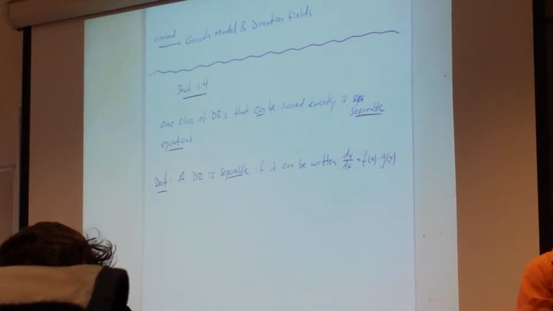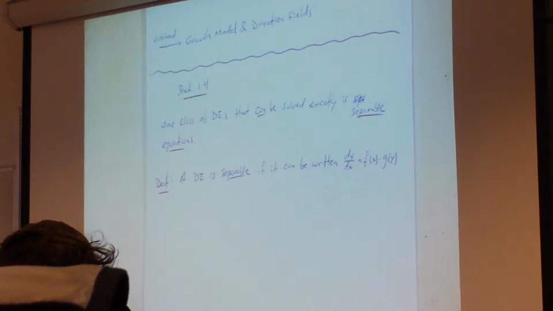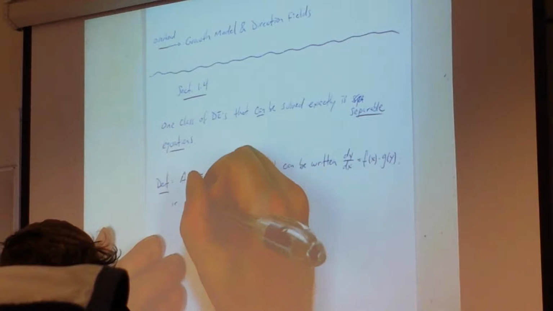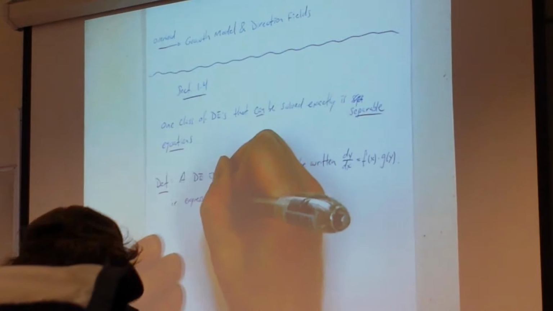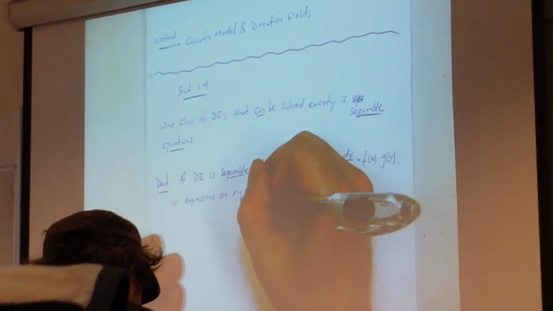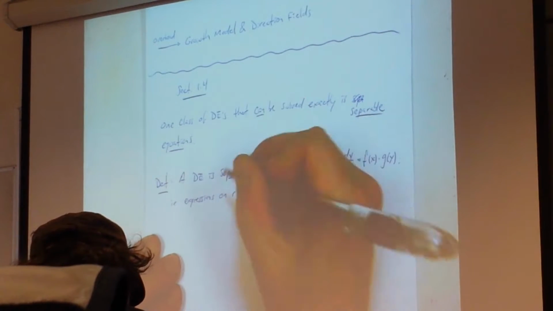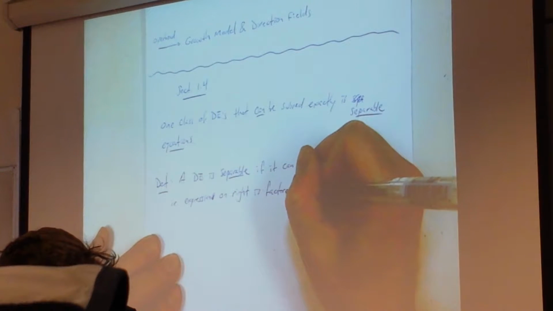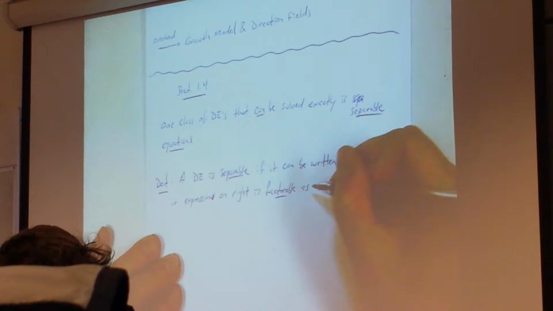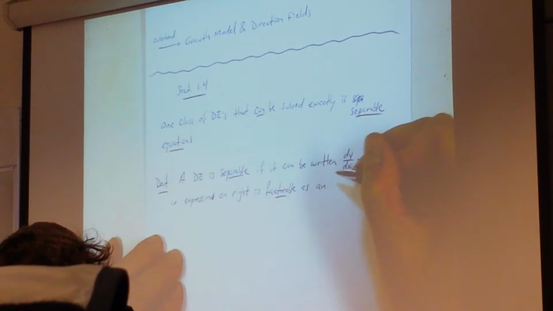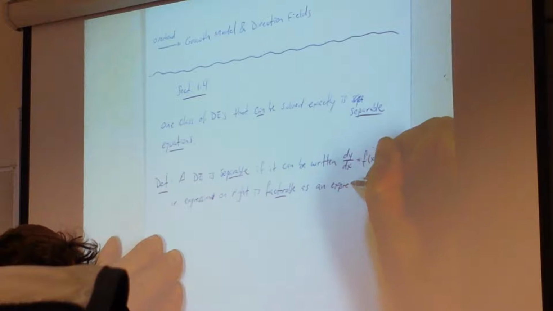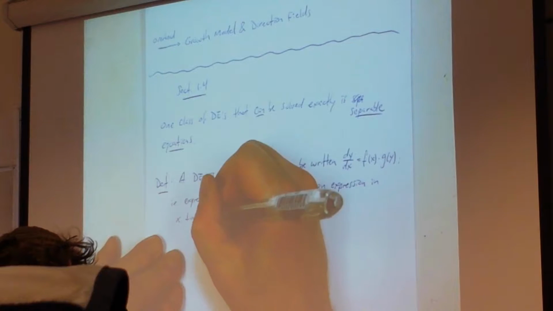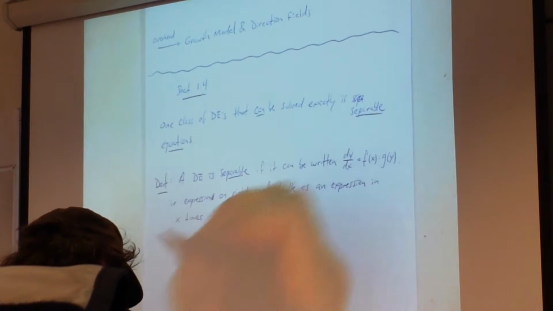So those variables can be pulled apart into two expressions that are multiplied. That means the expression on the right is factorable as some expression involving x times some expression involving only y.